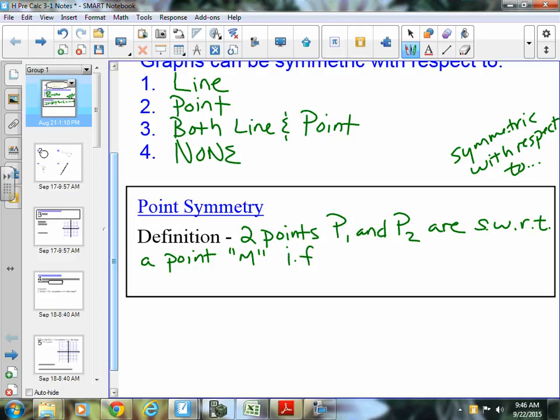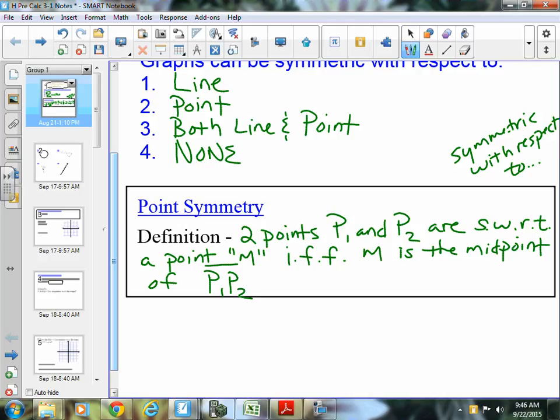If and only if M is the midpoint of, see if you remember this notation, P1P2 with the little line over the top, that means line segment. If it was going to be a regular old line, they would have arrows on the end. So line segment P1P2.